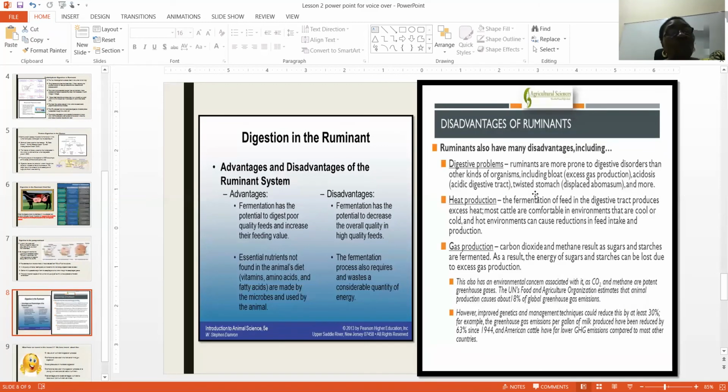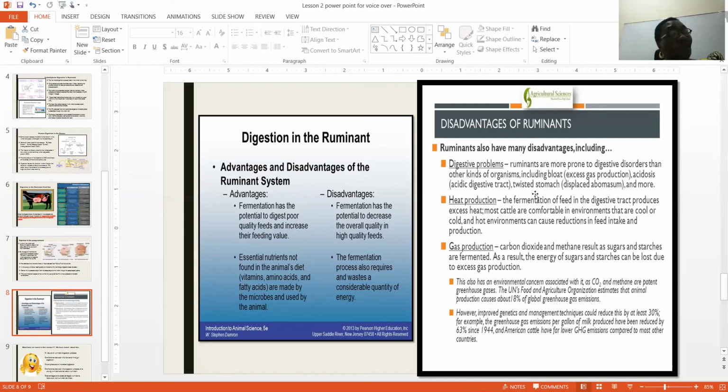If it is of low quality, it can build it up because it converts it to microbial protein. On the other hand, if it is of high quality, it will still act on it and break it down and bring it to microbial protein. And so it has the ability to increase the value of feed materials if they are of low quality.